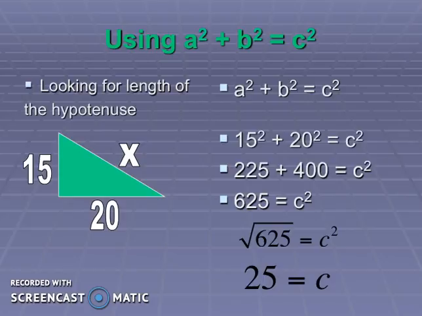Now let's have a look at how we can use this. We're going to use A squared plus B squared equals C squared to look for the length of the hypotenuse in this right angled triangle.